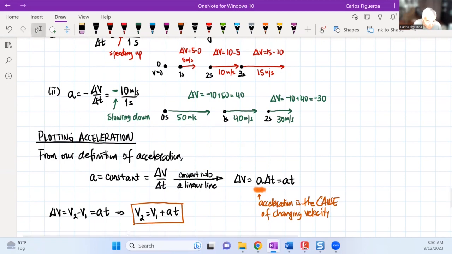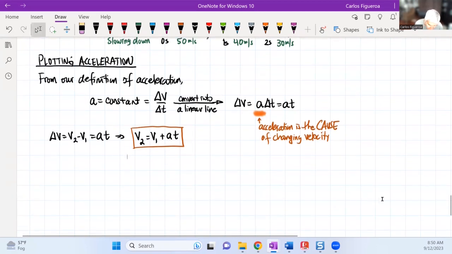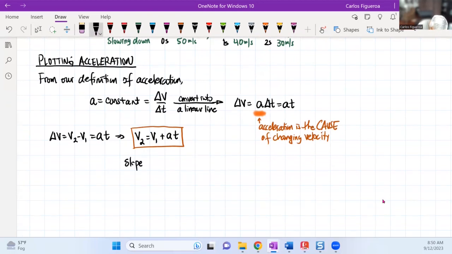So now, let's plot this to get a sense of what we mean by this. Right away, what we're seeing here is that the slope of this line is equal to the acceleration, and this has to be constant.